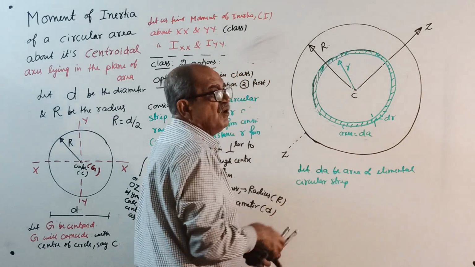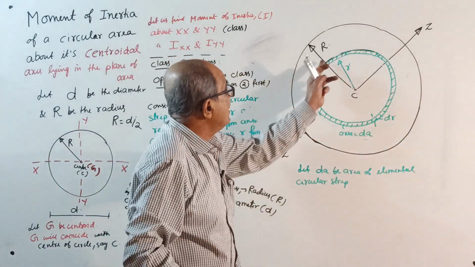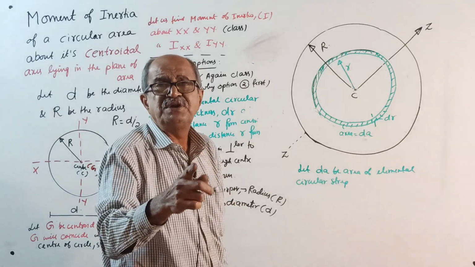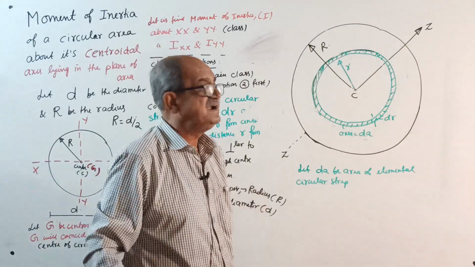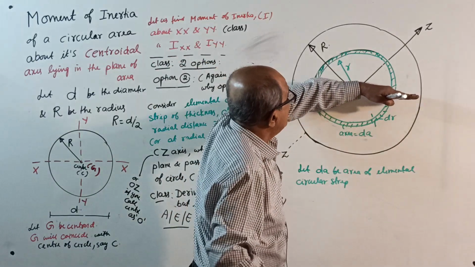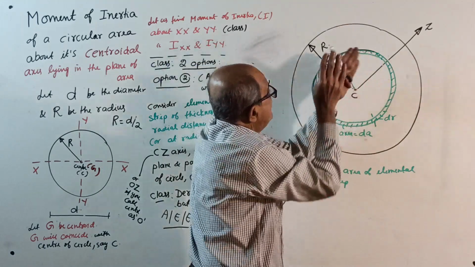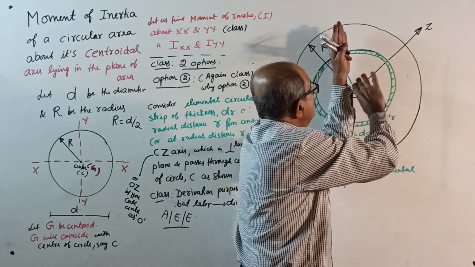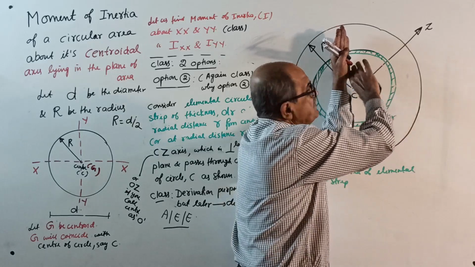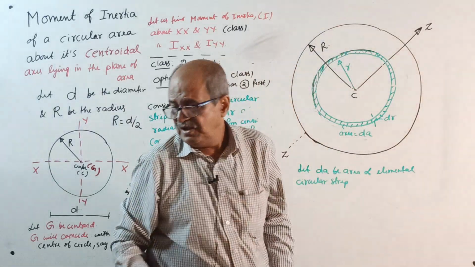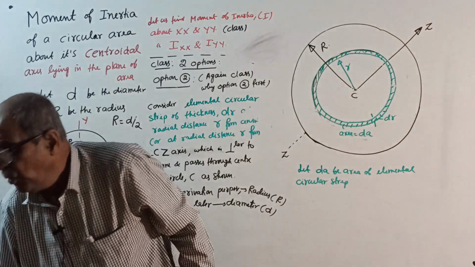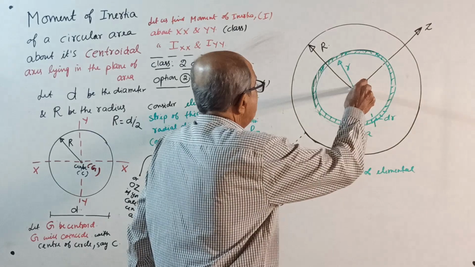Everywhere in the strip, all around it, wherever you stand, the distance should be constant. It is not constant from XX, and the distance varies. It is not constant from YY either. It is constant only with respect to this axis.